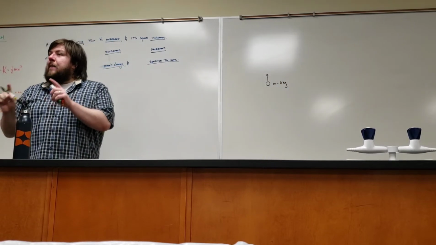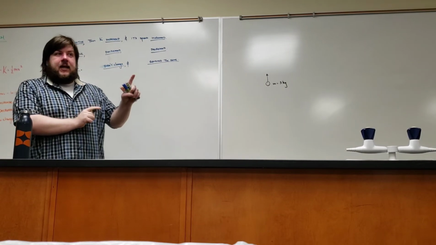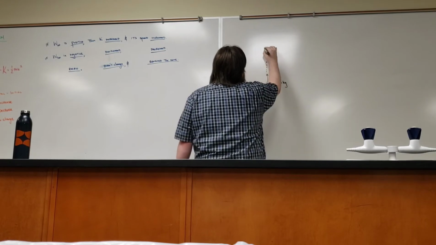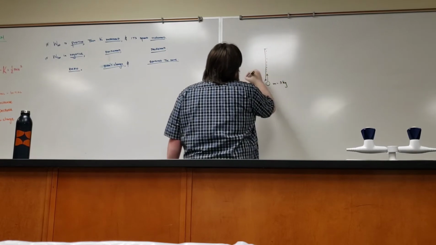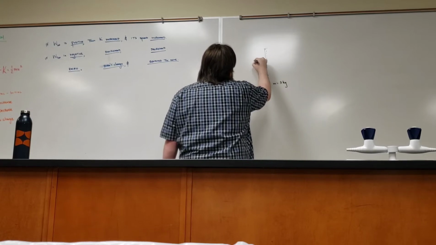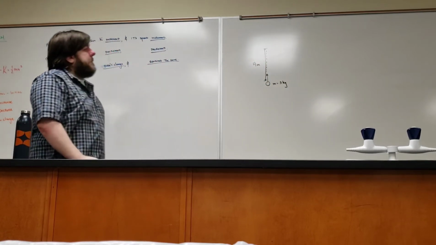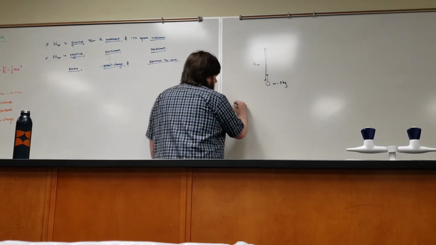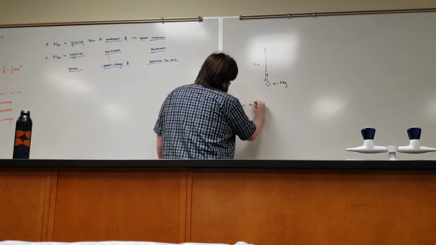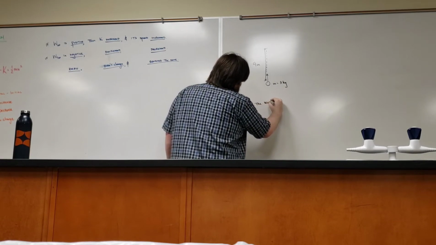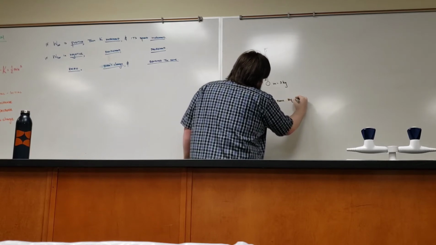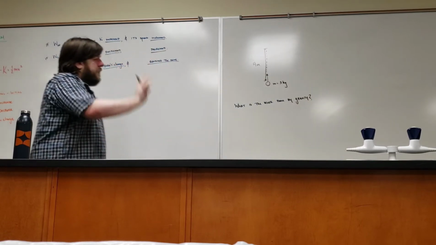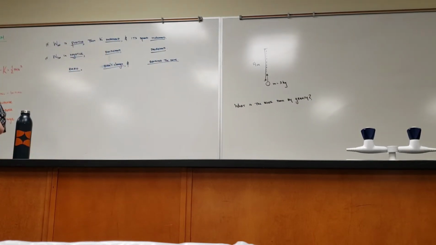And I want to know how much work gravity does as this object moves up an amount 4 meters. I want to know what is the work done by gravity as the object moves up 4 meters.